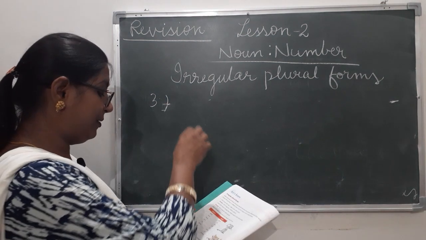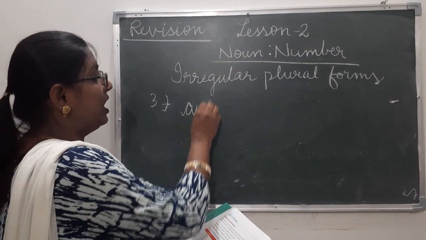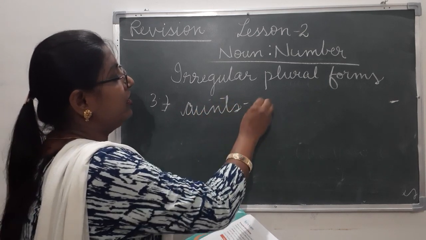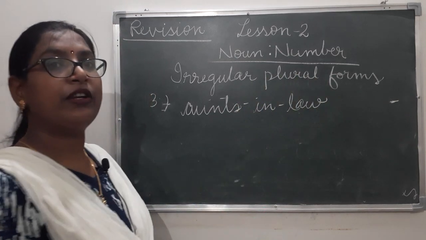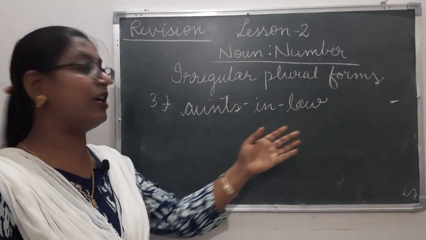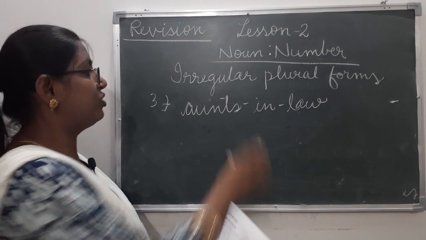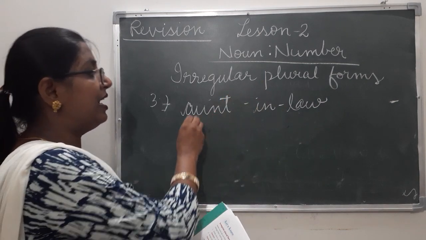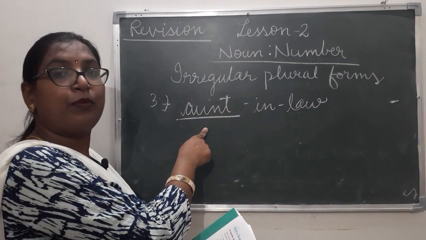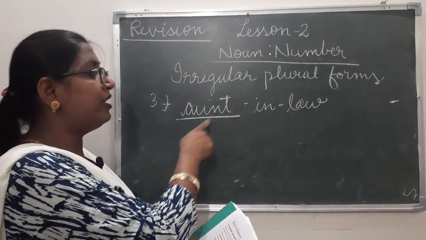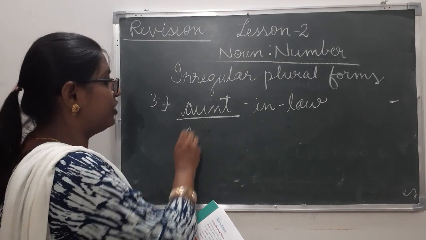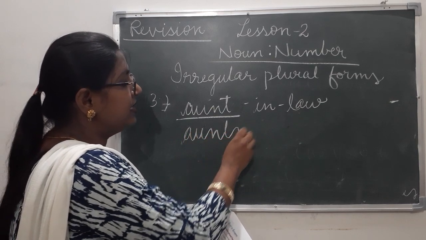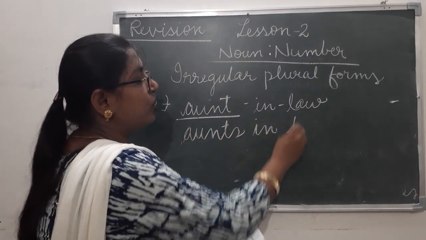For example, aunt in law. It is a compound noun. Aunt is the principal word. In the principal word, we add s to make it plural. It will become aunts in law.